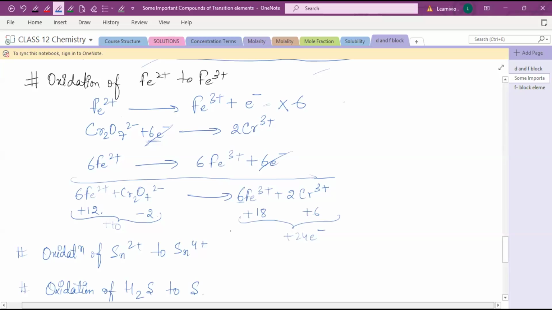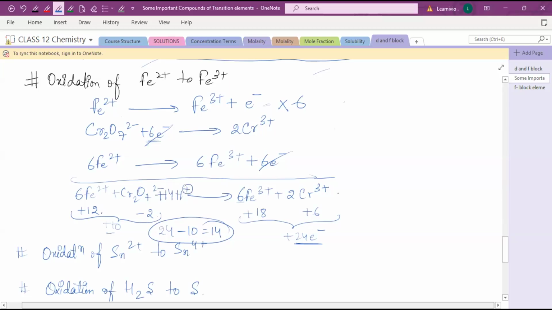After that, you have to subtract. When you subtract, 24 minus 10, you will get 14. So on the left side of this arrow, you have to write 14H+.